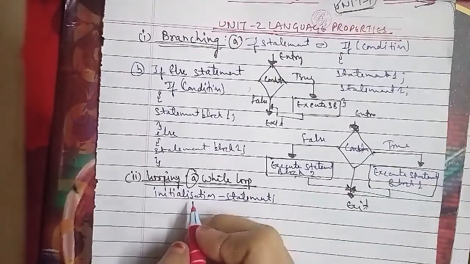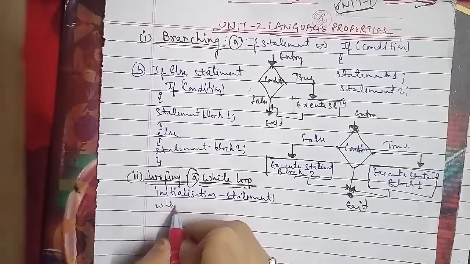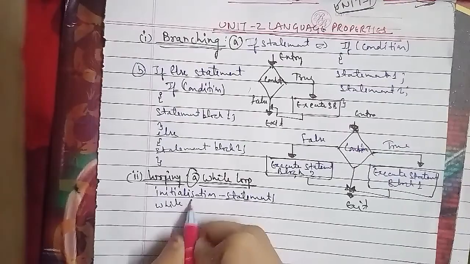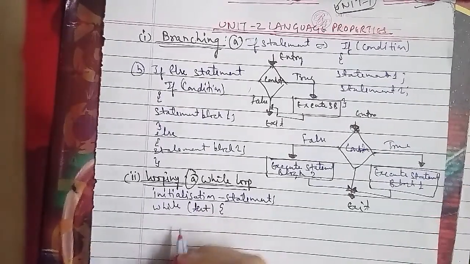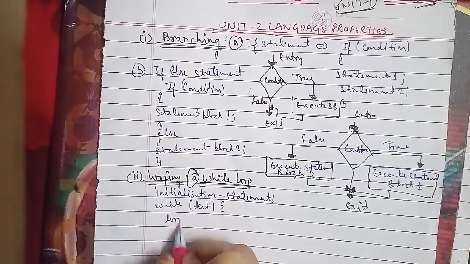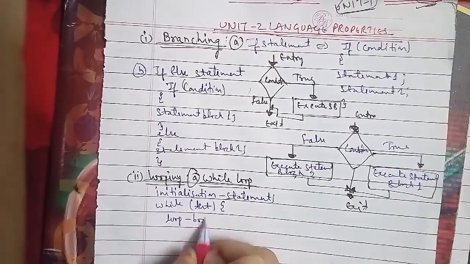Now for that we will have a figure, a flow chart. So we'll discuss it. This is looping, and this is for the while loop.